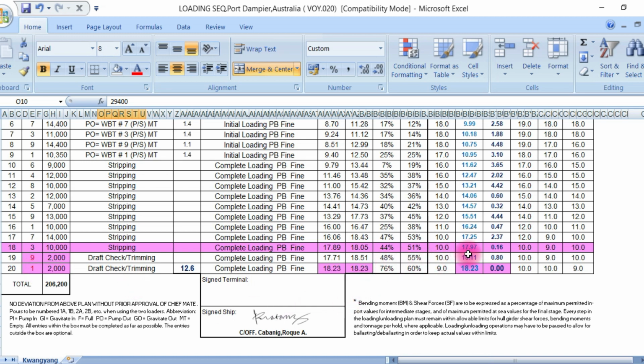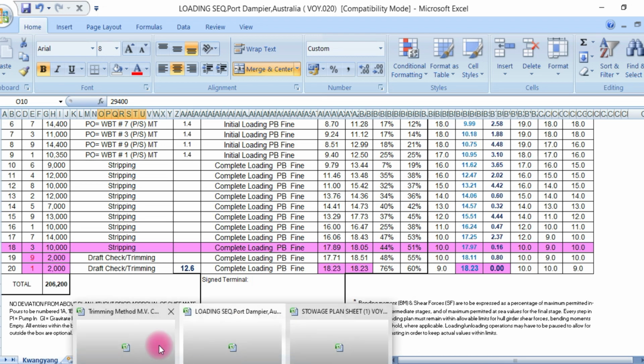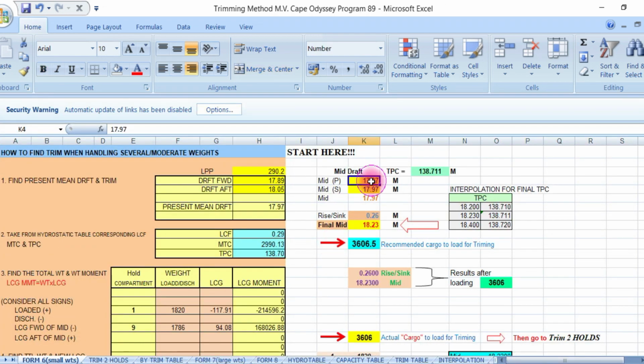So we have 1797, 17.97. And your final mid departure is 1828. Okay.